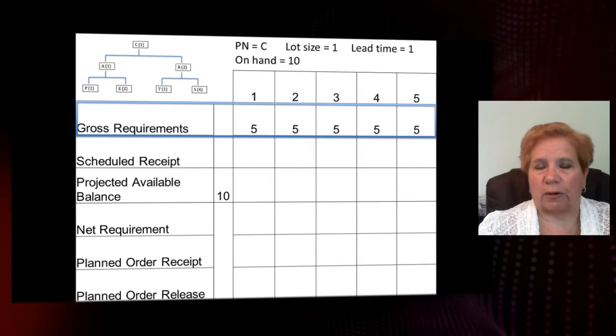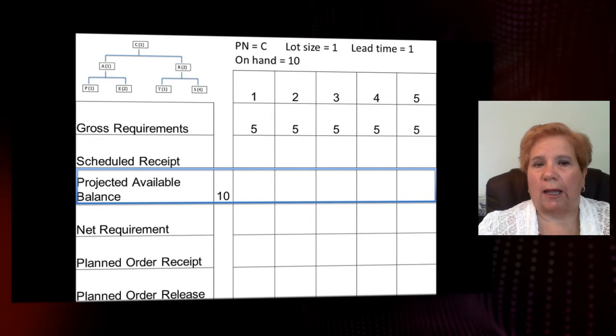Since this is part number C, our end item, we received our gross requirements from the MPS. On the other parts, A and R, for example, the gross requirements will not come from the MPS because those are dependent demand. And we will talk about how we calculate the PAB. So let's go ahead and get started.